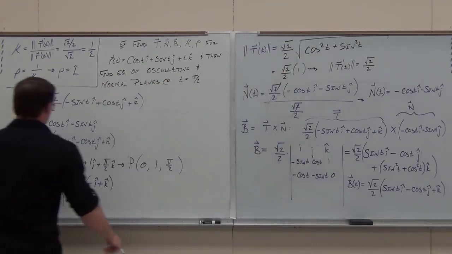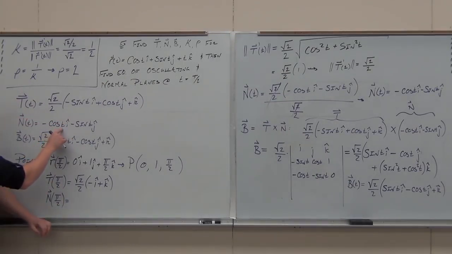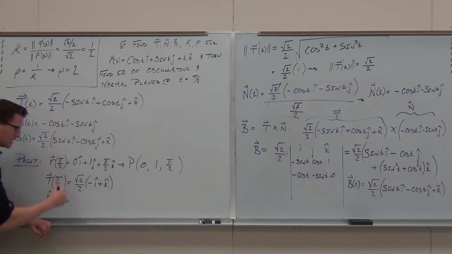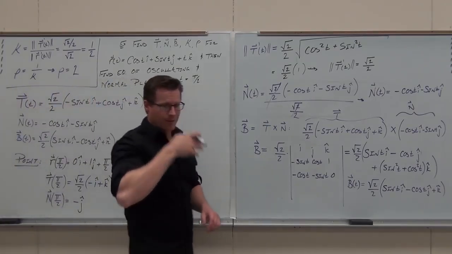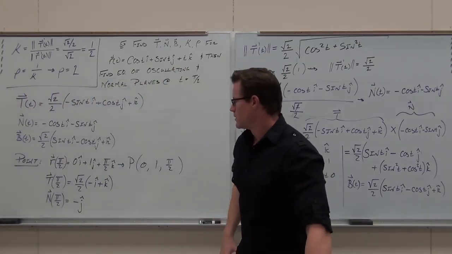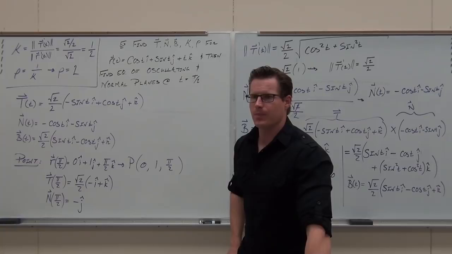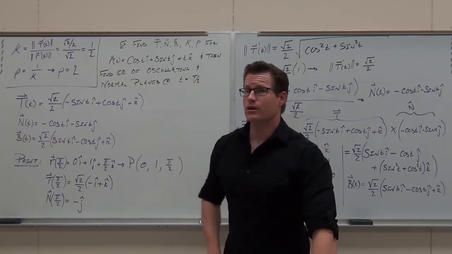The unit normal says, okay, well, here's our formula. I know that cosine of pi over 2 is 0, so this is gone. Sine of pi over 2 is 1, so this is negative j. Well, that was pretty easy. I like it when that happens. Head nod if you're right with that one. Let's find the unit binormal.